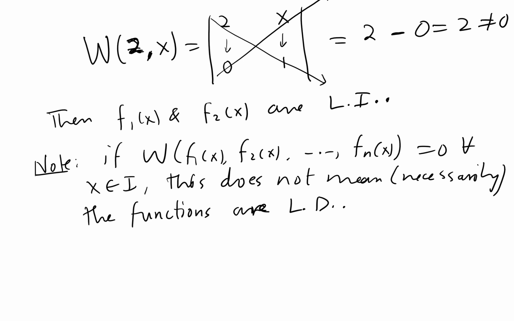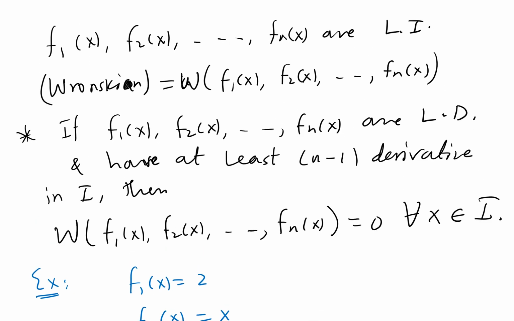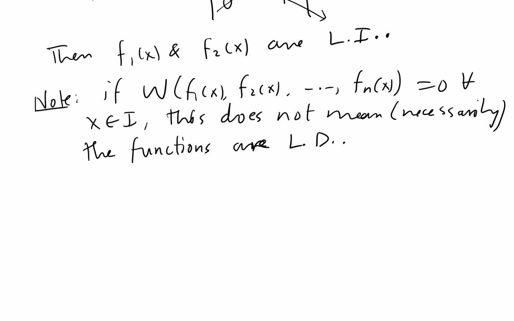Basically, the converse of what I wrote here is not always true. This is saying if the functions are linearly dependent and the condition for derivatives is met, then the Wronskian must equal 0. But if the Wronskian is 0, that does not mean they are linearly dependent.